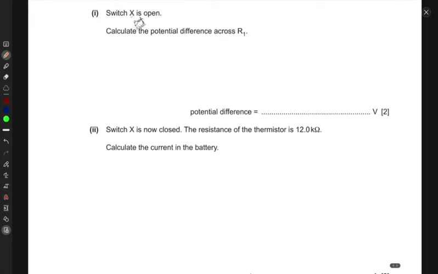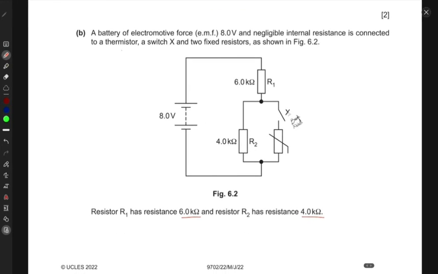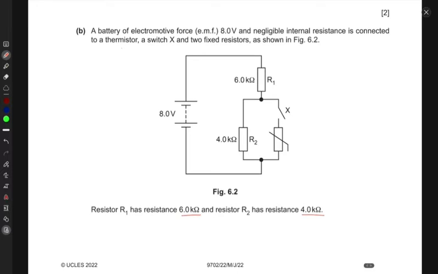We are told that the switch X is opened. Calculate the potential difference across R1. So when this switch X is opened, what would be the potential across R1? This is the total potential, and this is R1.